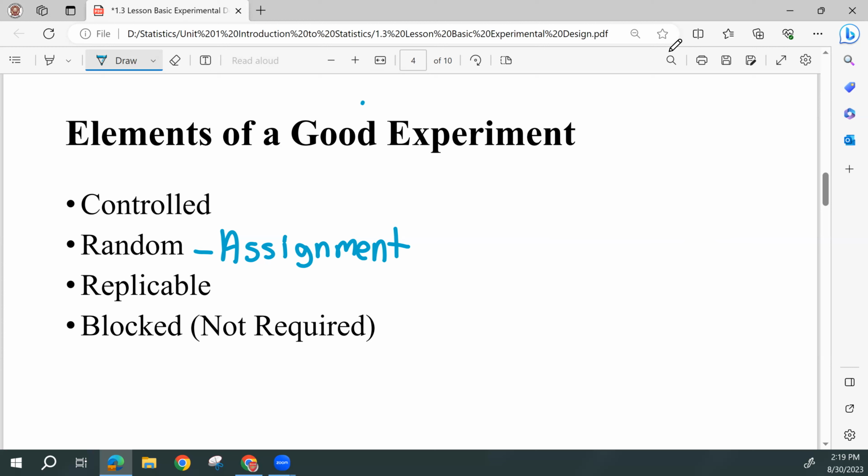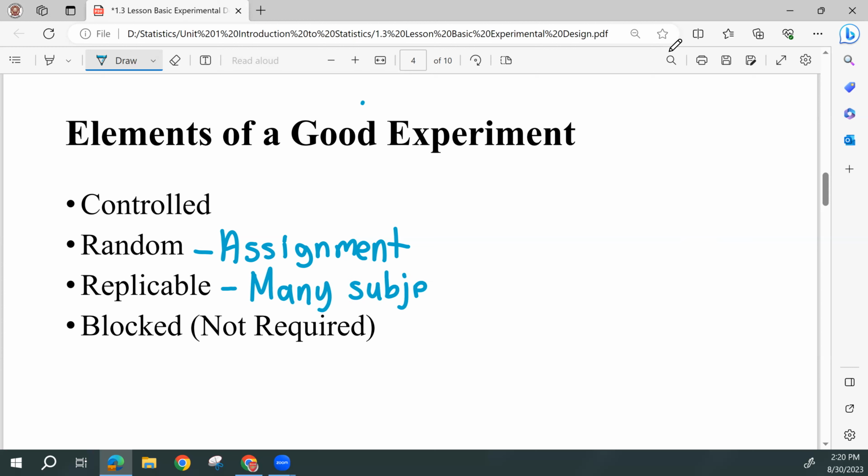And so that will hopefully mitigate some bias or make sure that we have a representative experiment. We need to be able to repeat. I probably should have said repeatable instead of replicable, especially because it's hard to say. We need to be able to replicate our experiment, and typically that means we are doing it on many subjects.